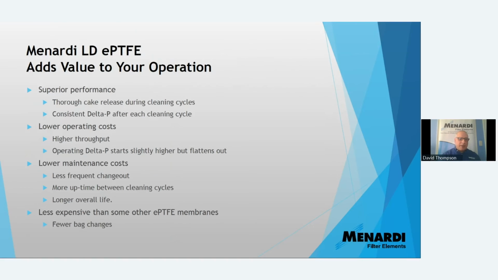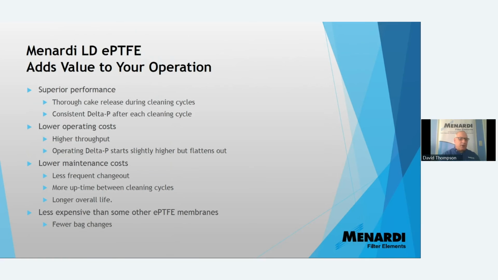Lower operating costs. You get a higher throughput rate. You can push more through, or you can run your fans lower and still get the same kind of throughput you're looking for. It actually gives you the ability to operate at slightly higher flow rates if you need to, without stressing the filter media. And again, the operating delta P starts slightly higher but flattens out.